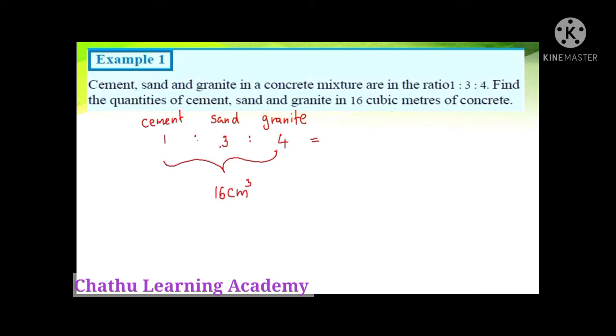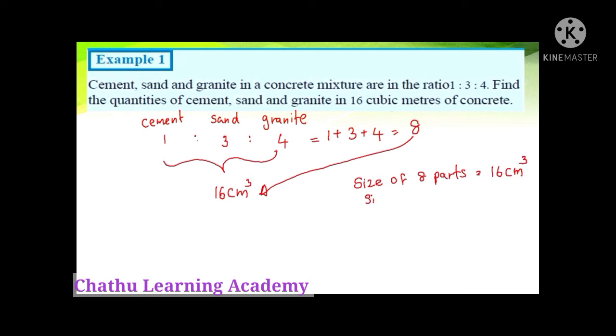The total number of all parts: 1 plus 3 plus 4 is equal to 8. Then these 8 parts are in 16 cubic centimeters. We can write it like this: size of 8 parts, volume of 8 parts, 16 cubic centimeters.